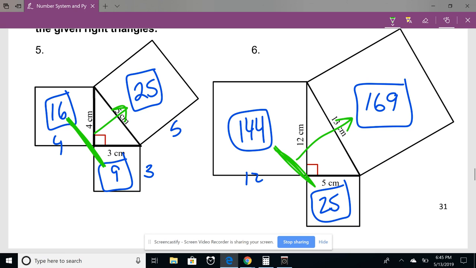When we call one leg A and the other leg B, and the hypotenuse is C, they have the relationship A squared plus B squared is always going to equal C squared.